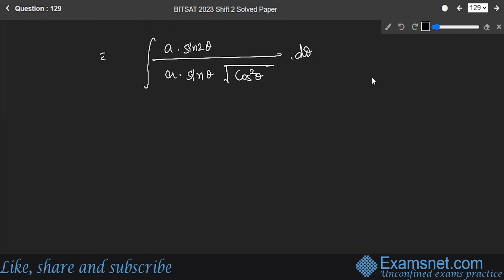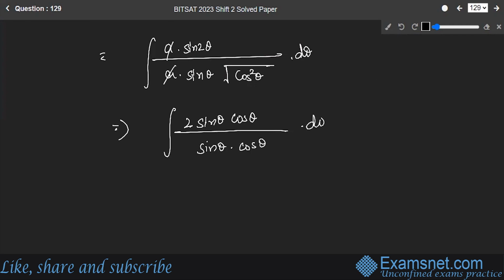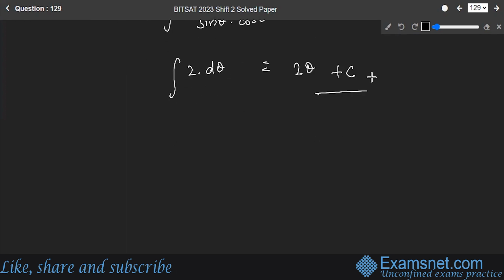So you have this value, and here a will cancel. I will again open this one. Sin 2 theta is equal to 2 sin theta cos theta, and this is equal to sin theta into cos theta into d theta. So you have integral 2 d theta, or you have 2 theta plus c. And what was theta equal to?